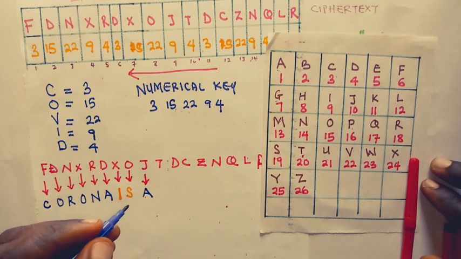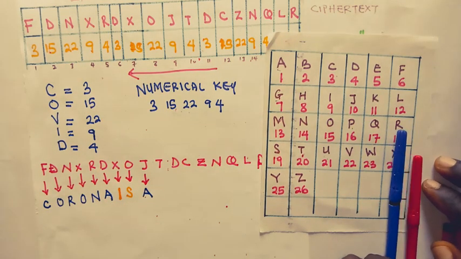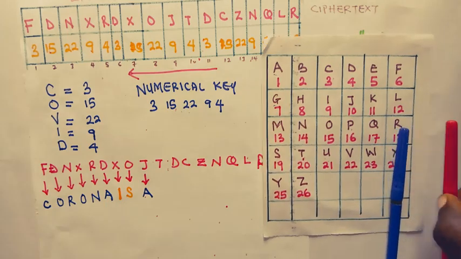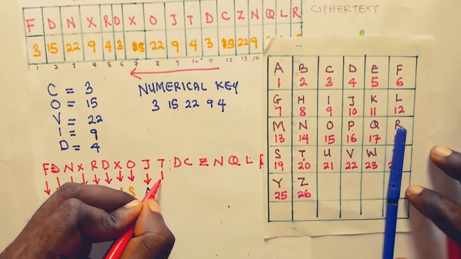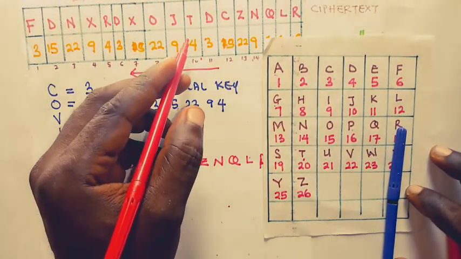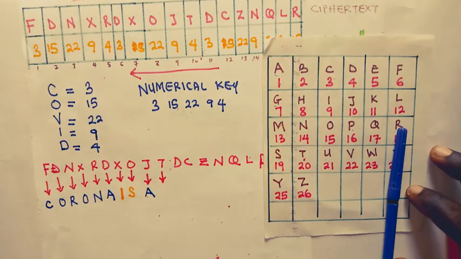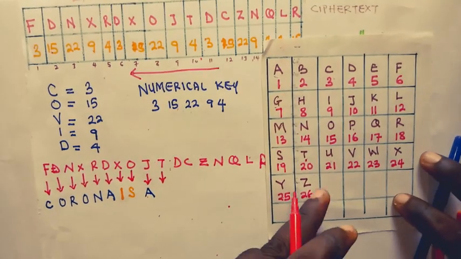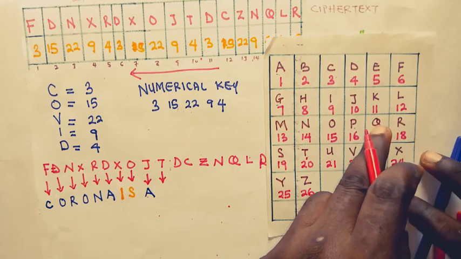Letter T now. Let's go for T. I have to shift backward 4 times. 1, 2, 3, 4.